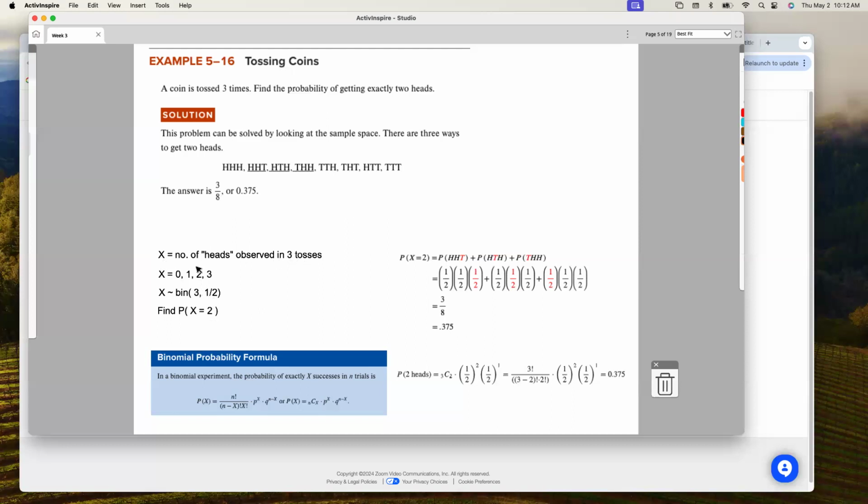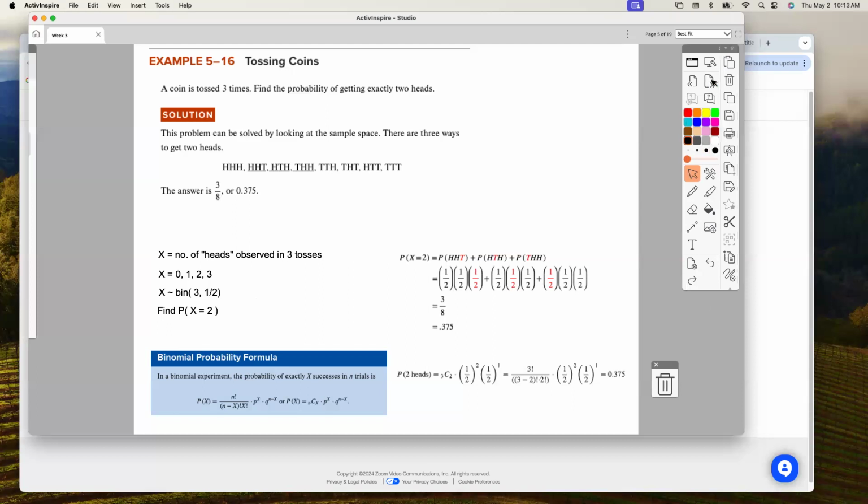This does satisfy all 4 conditions. We either have a success or failure. We have a fixed number of trials. Here it's 3. There's my cursor there. And these things are independent, and the probability of getting a head on any one toss is the same. So it satisfies all the situations for a binomial.